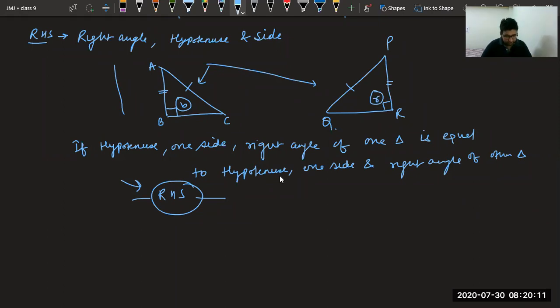That is why Mr. Pythagoras came for our help and he gave us this criteria, right angle, hypotenuse and side. I hope all of you are getting this. Why is this criteria important? Because ASS and SSA are not criterias.